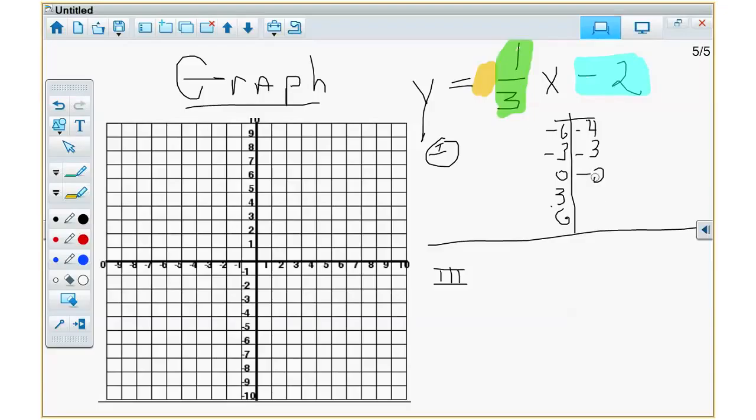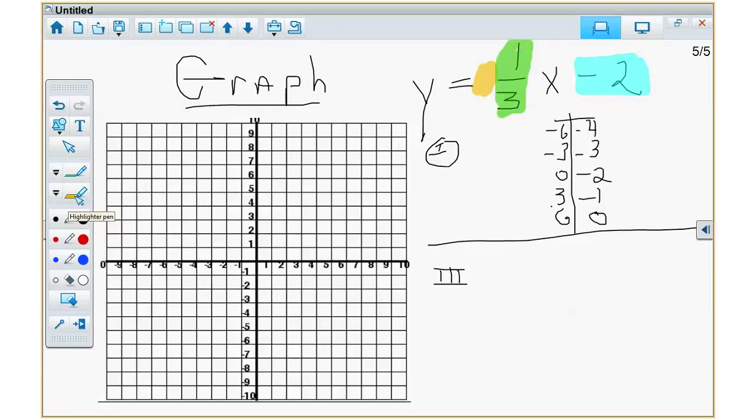And look at the pattern: -4, -3, -2, -1, 0. Let's check 6. 6 divided by 3 is what? 2. 2 minus 2 is 0. So it does work. Or we can just pull out the information using method 3.